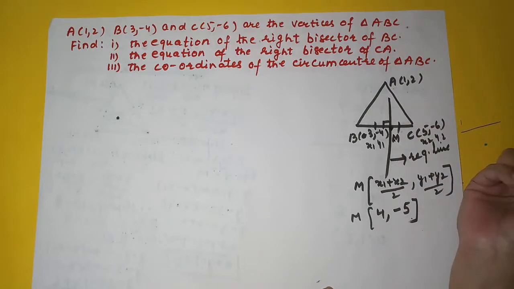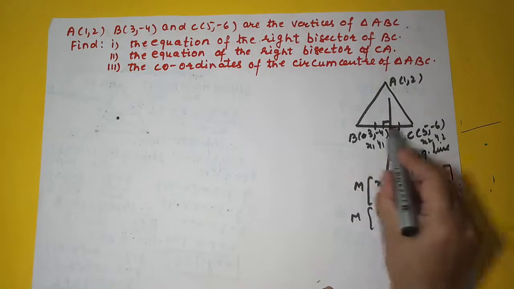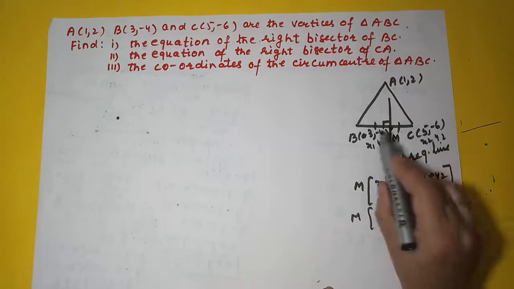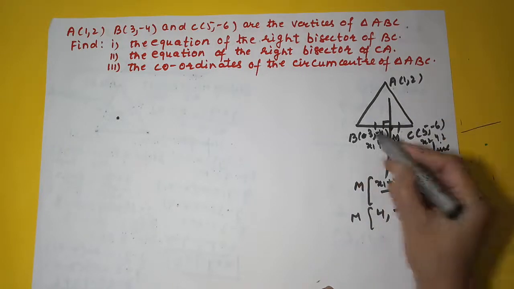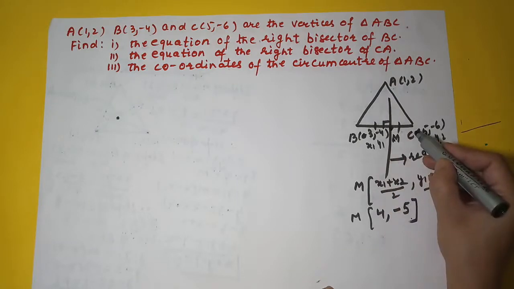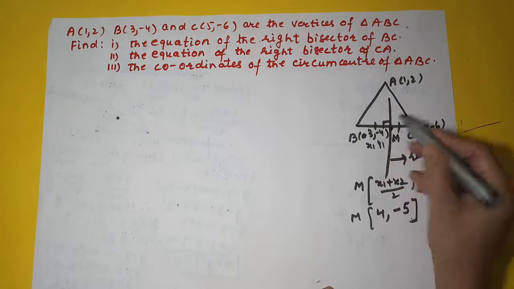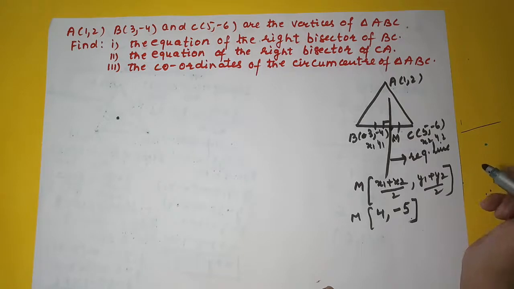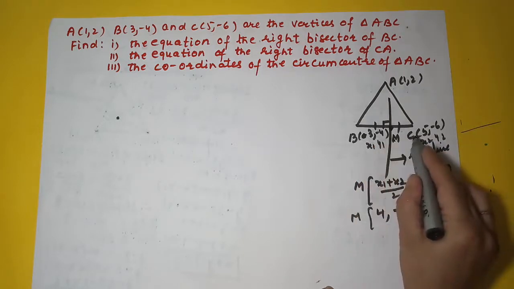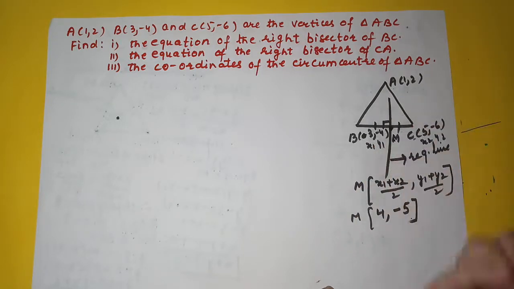We don't have it, but we can find the slope of BC, because the required line and BC are perpendicular to each other and the product of their slopes is -1. So we will find the slope of BC, multiply both slopes, put that equal to -1, and get the slope of the required line.